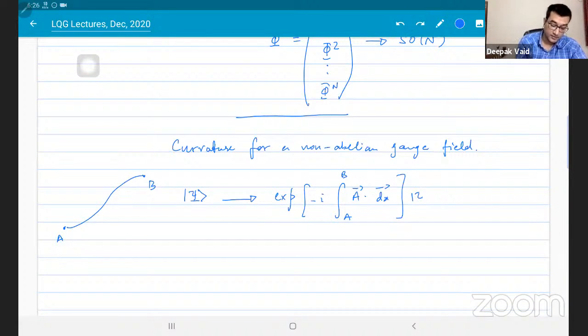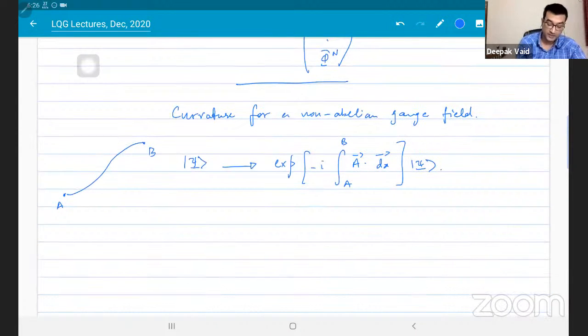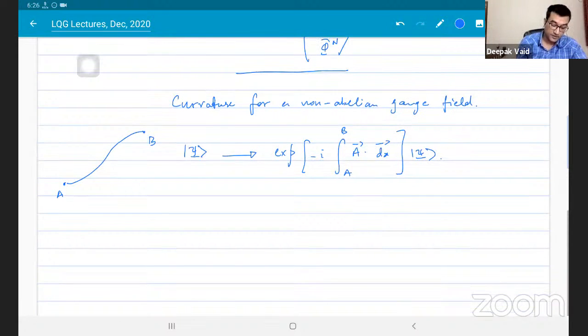Now in the U1 case, this is simply an abelian phase, right?